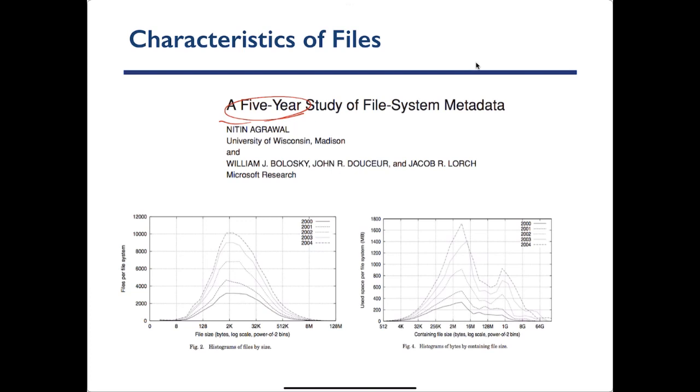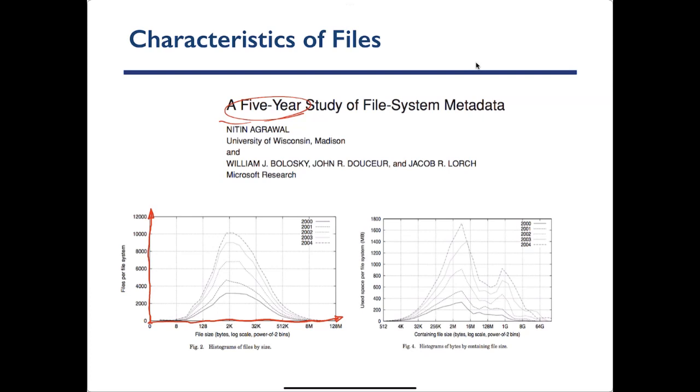And they came up with really interesting observations that you can see in these two graphs. Let's look at the first graph. On the x-axis, I have the file size of each file, and on the y-axis, I have the number of files with such size in the entire file system.